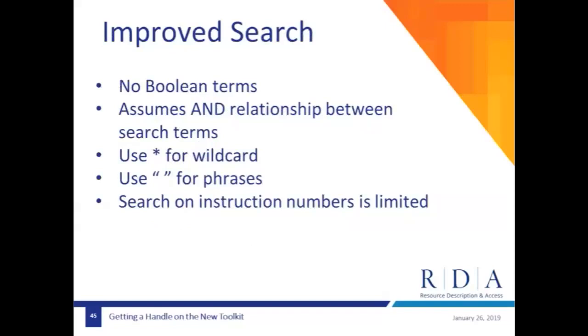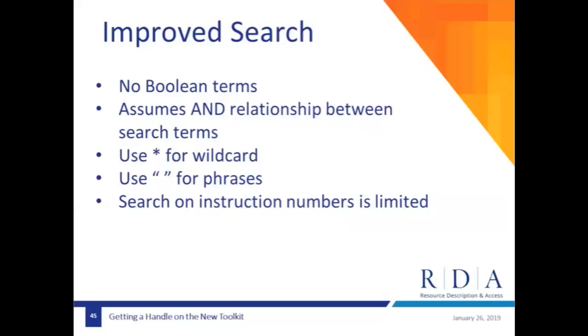The reason for this was we were finding some difficulties with changes to searching on certain specific terms and phrases in the catalog, and we wanted to make them available to people without having to necessarily use the phrase approach. You can use phrases. You can use quotation marks around your search, and it'll search that entire phrase together. You can use the asterisk for the wildcard in the toolkit.